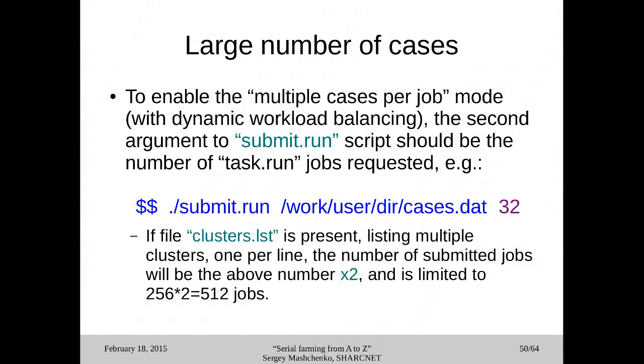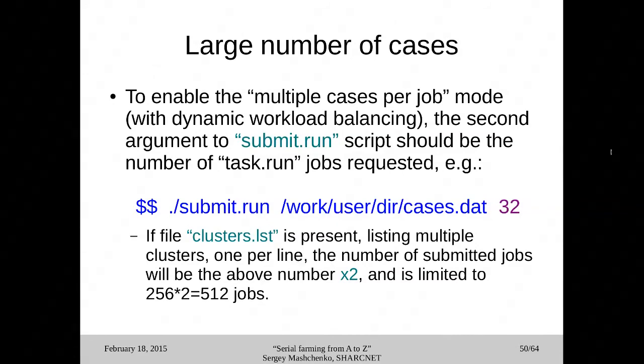So to enable this multiple cases per job mode, the only change you need to make when you run your submit.run or resubmit.run is that, instead of -1, the second argument should be the number of jobs you want to run. In this case, the number of jobs will be much less than the number of cases. So this is the number of task run jobs. The jobs will actually run, and those jobs will eventually process all the cases.